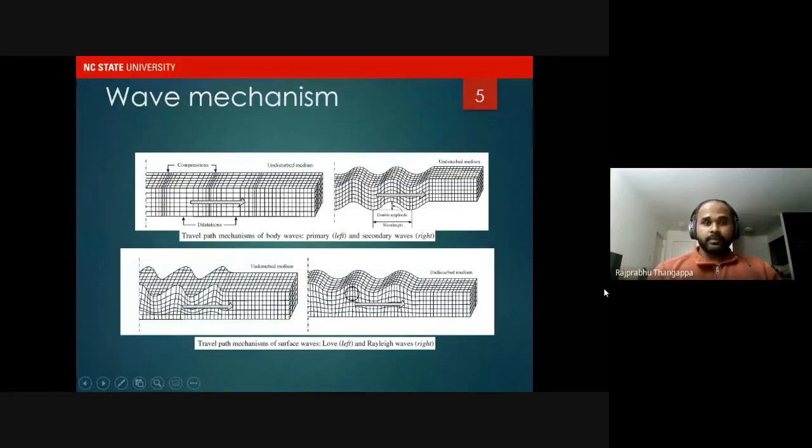So where was I? I was talking about the wave mechanisms and different forms of waves and how earthquake distances can be measured using the relative differences in velocities and arrival times of these particular waves.